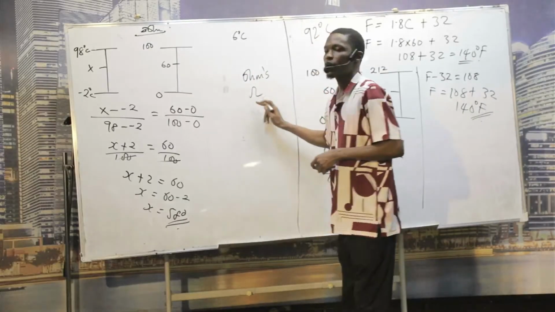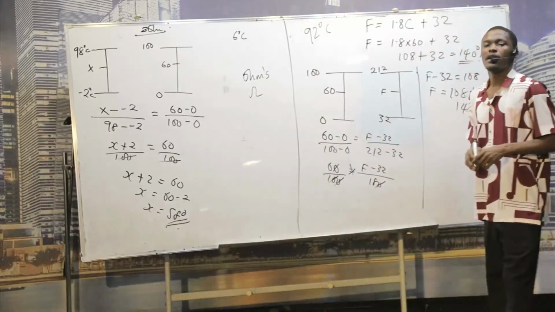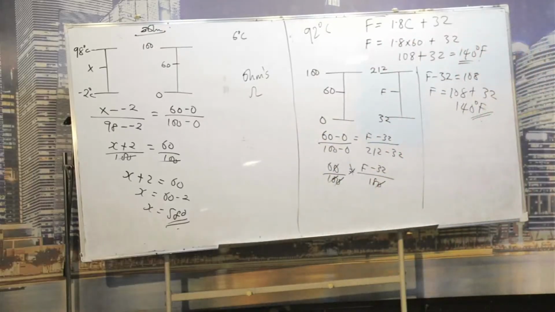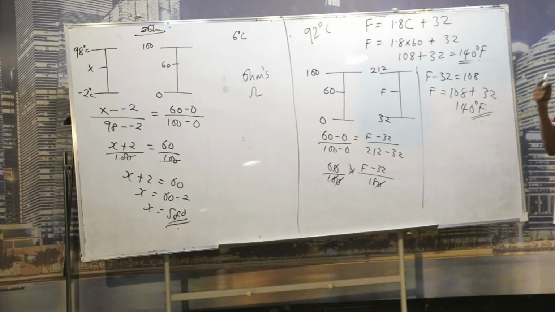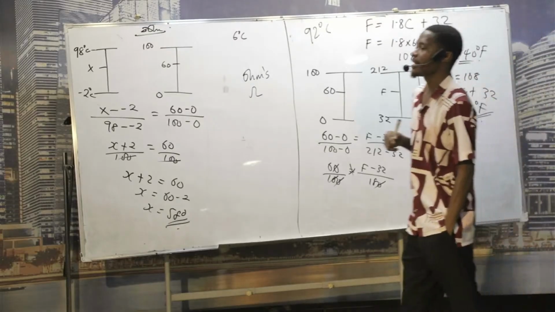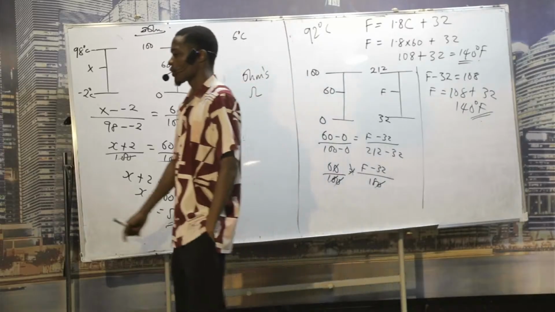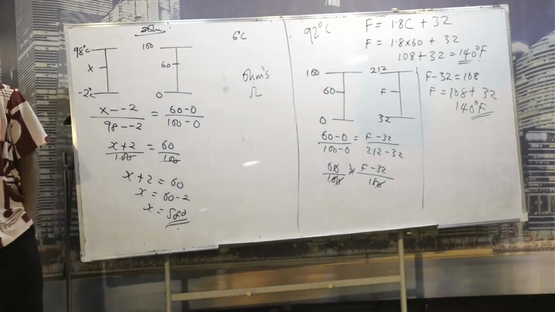This is the symbol, okay? Has a resistance of 5 ohms at ice point, and 8 ohms at steam point. Full stop.